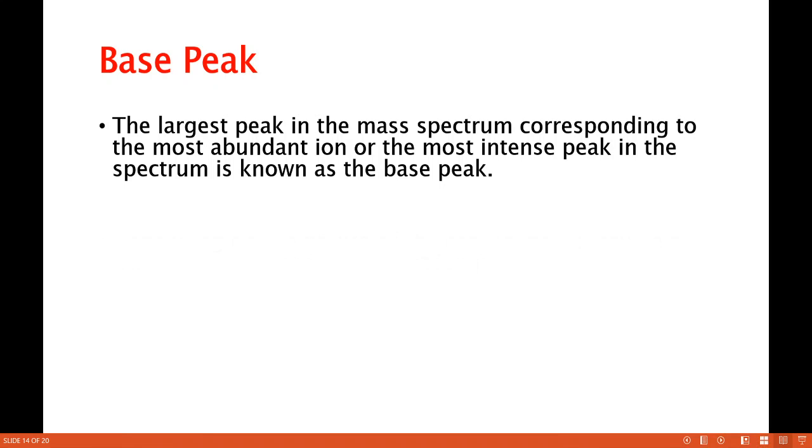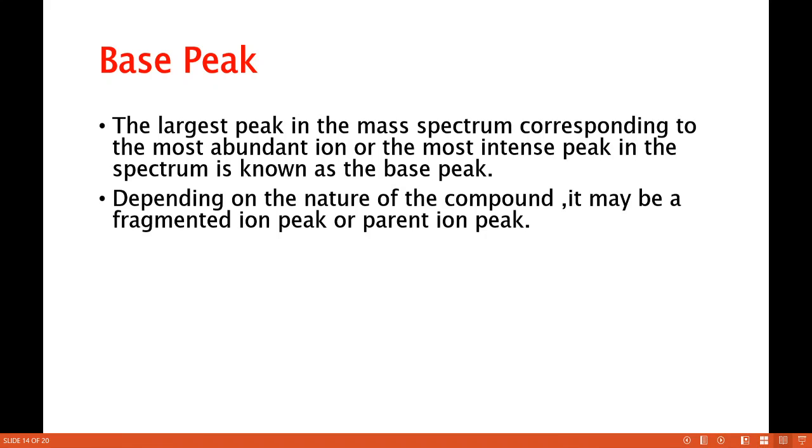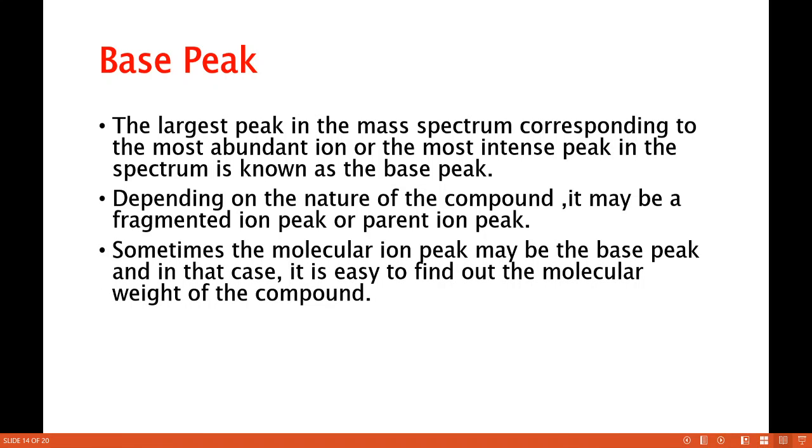Depending on the nature of the compound, it may be a fragment ion peak or the parent ion peak. Sometimes the molecular ion peak may be the base peak, and in that case, it is easy to find the molecular weight of the compound.